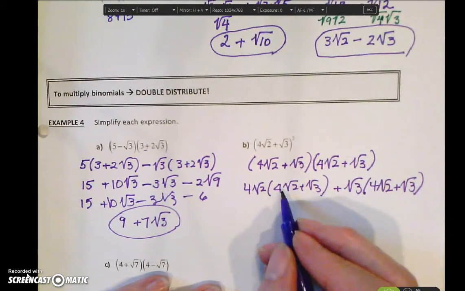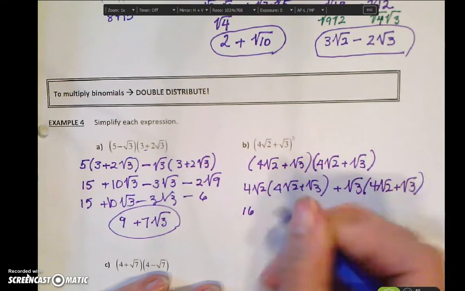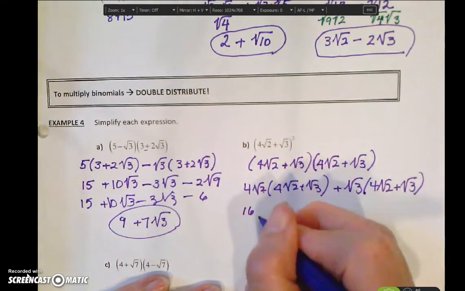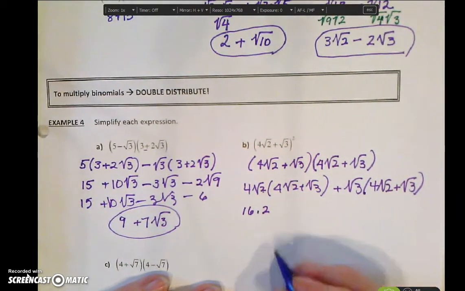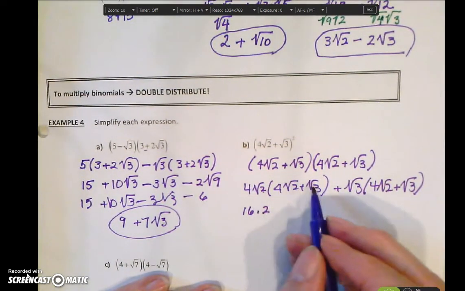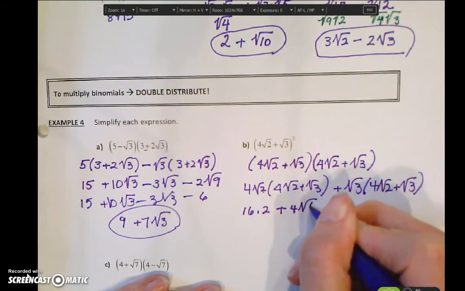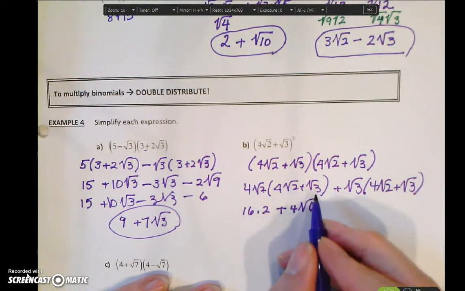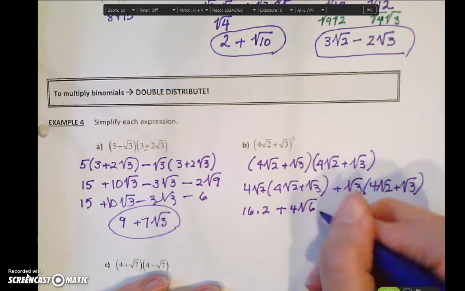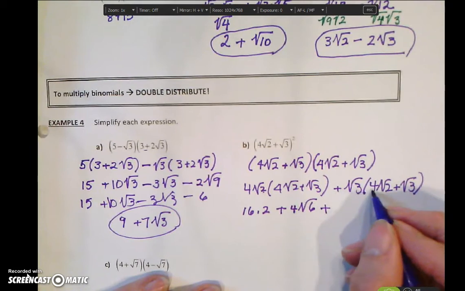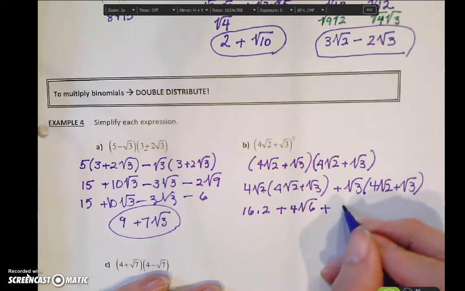So I get 4 times 4 is 16. Square root of 2 times square root of 2 is square root of 4, which is 2. Then 4 square root of 2 times the square root of 3 is going to give me a positive 4 radical 6. So I'll multiply the inside parts and get 6. Plus, here, when I multiply, there's nothing to multiply the 4 by.